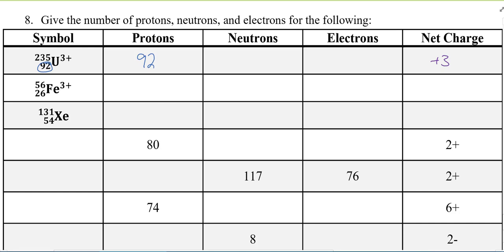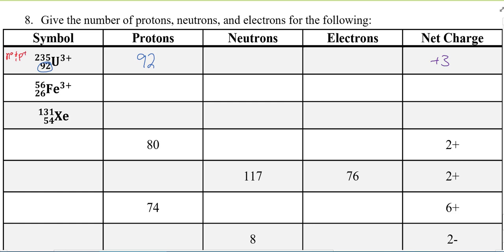Neutrons, we're going to subtract those neutrons, right? 235 is the mass number. So 235 is the mass number. That would be the protons and neutrons.